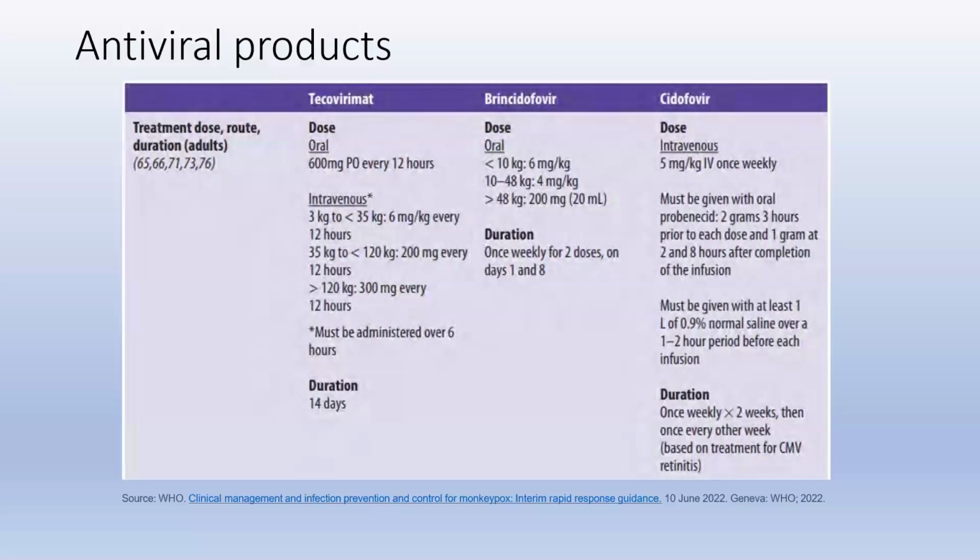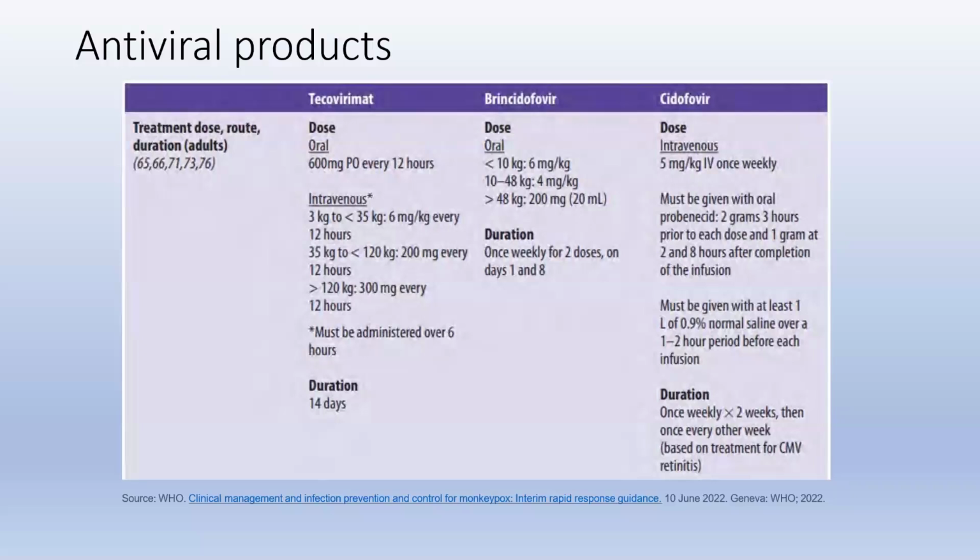Delving deep into these antivirals, so tecovirimat, the oral drug is administered 600 milligrams every 12 hours, or you can administer it IV, 3 milligrams per kg for those who are under 35 kilograms, or 6 milligrams per kg every 12 hours for those who are 35 kilograms and above, up to less than 120 kilograms.